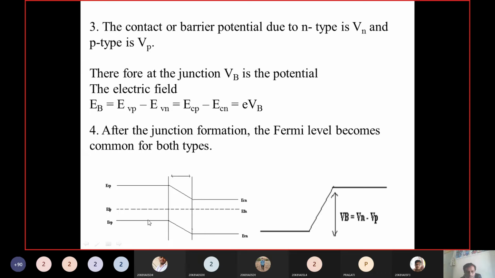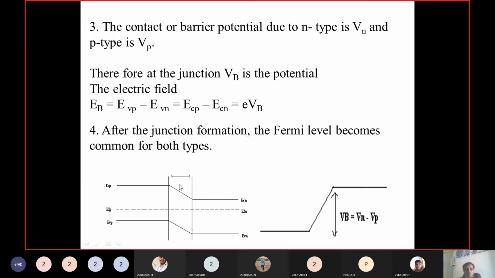So the energy difference between these two, EVP minus EVN, is called the electric field developed due to the PN junction.